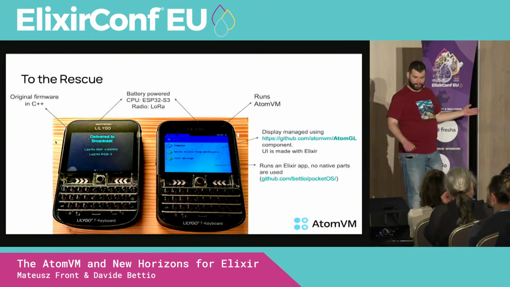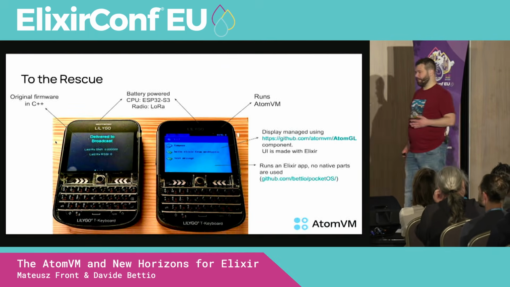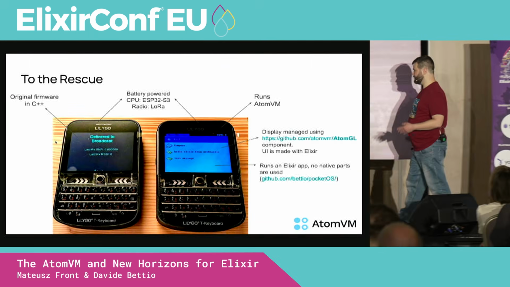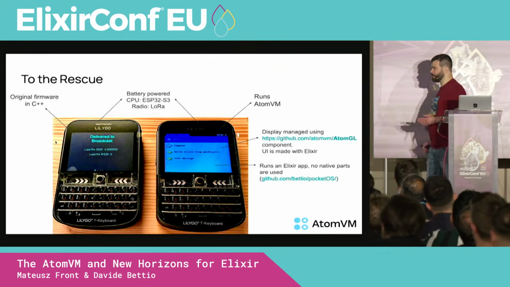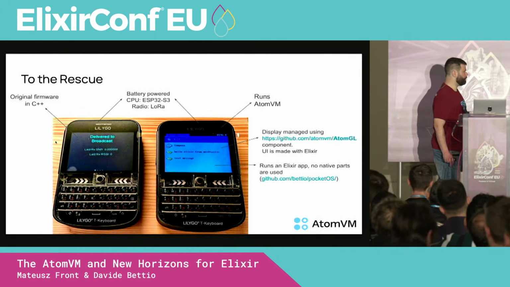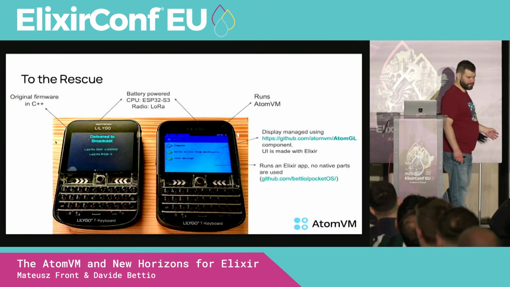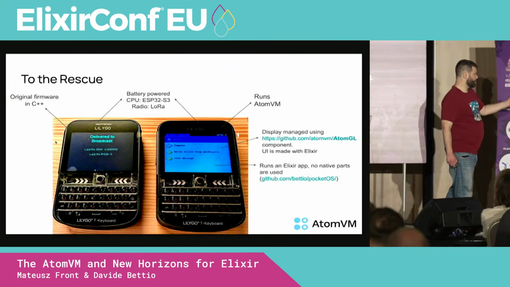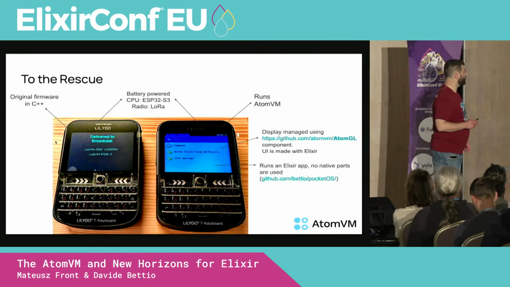And I would like to say that even the interface feels more reactive in Elixir because we get concurrency in a very easy way. So it's very easy to react to user inputs.